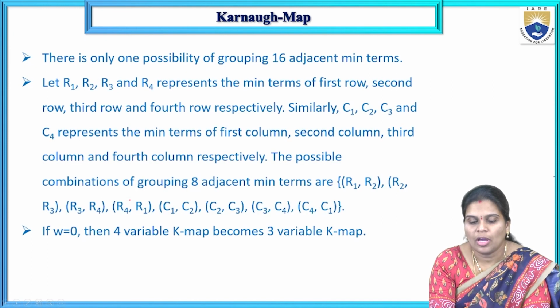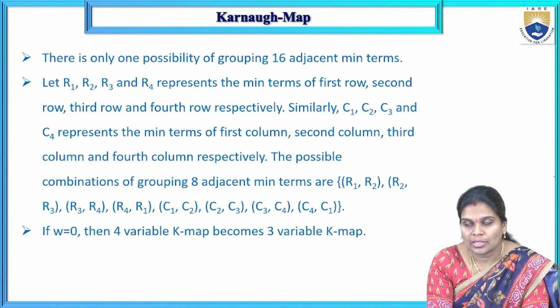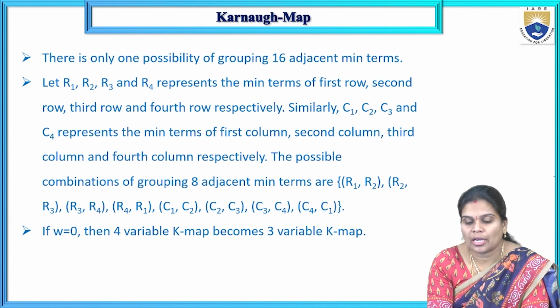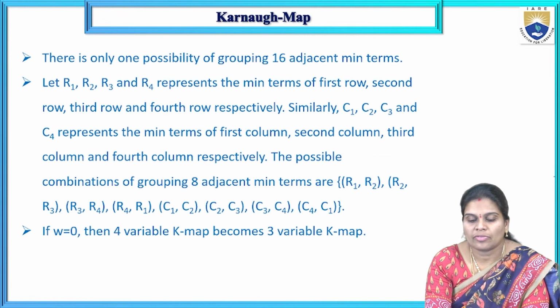Here also we can form groups from the 16 adjacent minterms, either on the row side or the column side. First R1, R2, R3, R4 are the rows in the minterm, and C1, C2, C3 and C4 are on the column side.